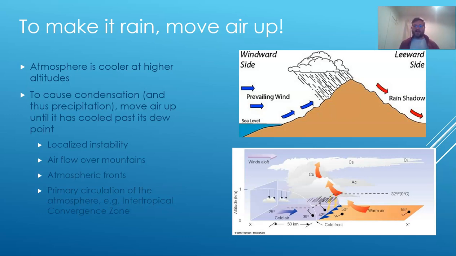And so when that air is moving up in these global scale circulation patterns, the same thing is happening. The air rises, it cools off, relative humidity increases, eventually you hit the dew point temperature, continue to cool, you're going to get precipitation because it can't hold on to all that moisture in water vapor form anymore.